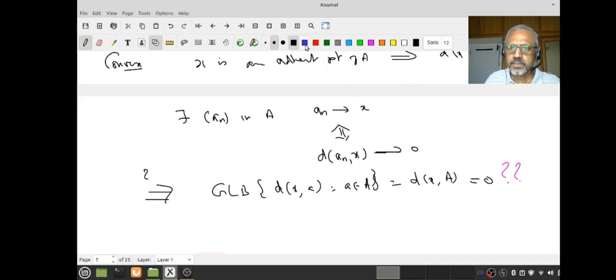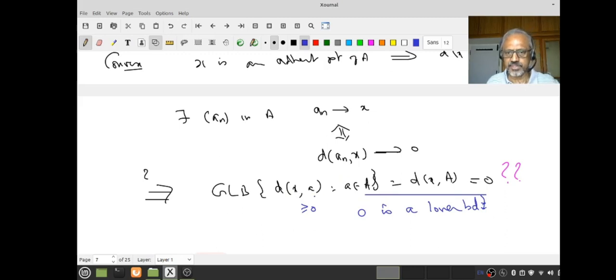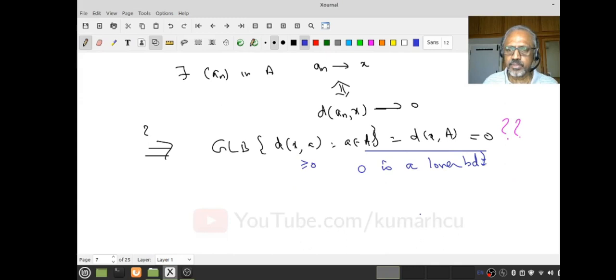Let us go to the proof. So to prove GLB is 0, what should I do? Notice that each of these elements is greater than or equal to 0. Therefore 0 is a lower bound for this set of real numbers d(x, a) as a varies over A. Now I want to say it's the greatest lower bound.